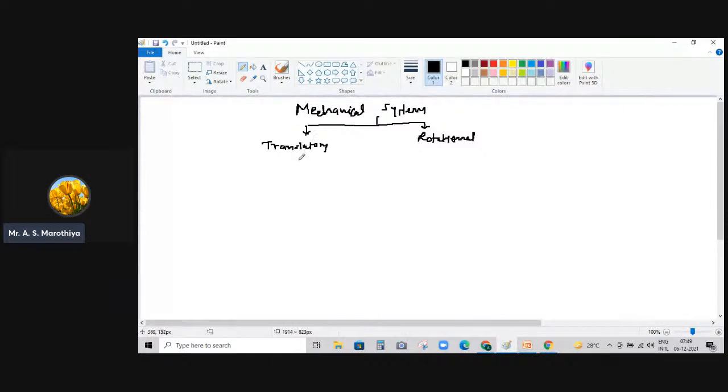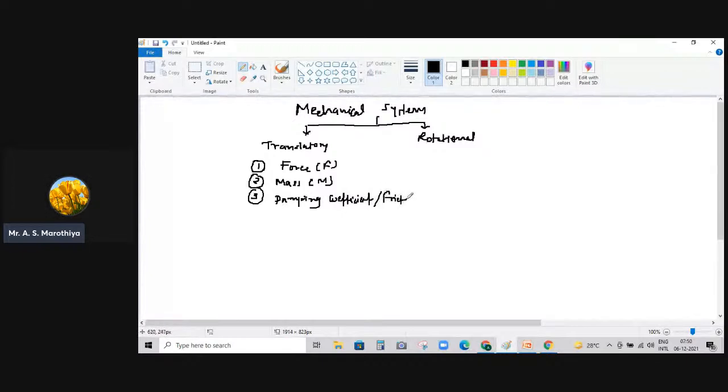So in case of translatory motion type mechanical system, here we have the concept of force. These are the fundamental operating components available in any translatory motion type mechanical system. Number one, we have force, indicated by symbol F. Number two, we have mass, indicated by symbol M. Then we have damping coefficient or friction coefficient.